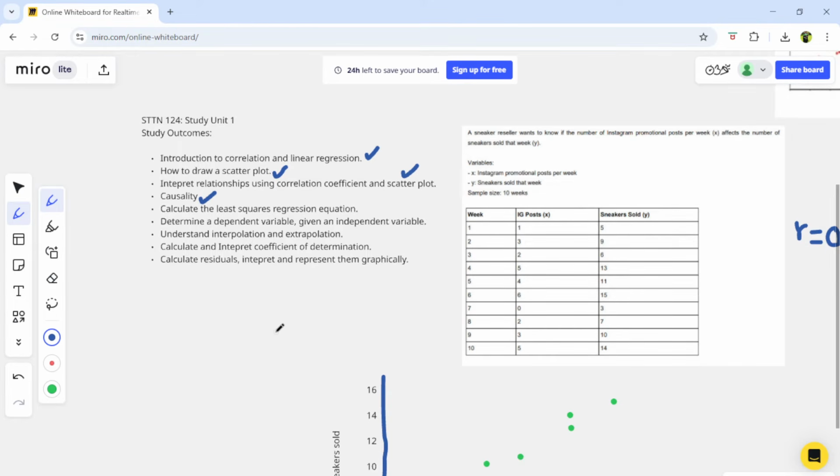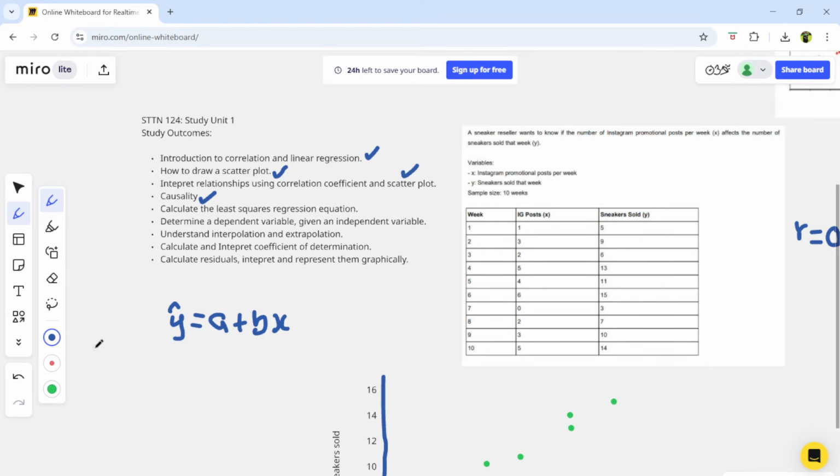The least squares regression equation is given by y cap equals a plus bx. Before you calculate it, we have to know what a means and what b means, because sometimes they can just ask you to calculate the value of a or the value of b, without telling you what a or b is.